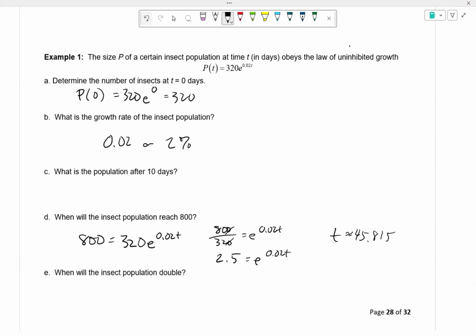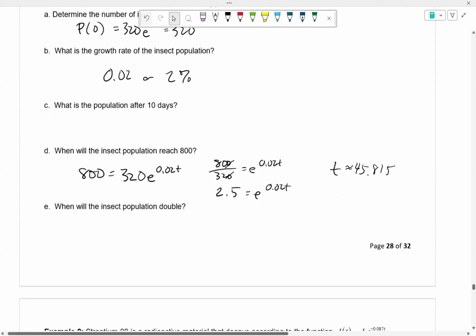You can take ln to both sides, or since it's exponential, you can just rewrite it as a log. Log base e of 2.5 equals 0.02t. Any questions? 320 into 640 just cancel out. It's just 2.